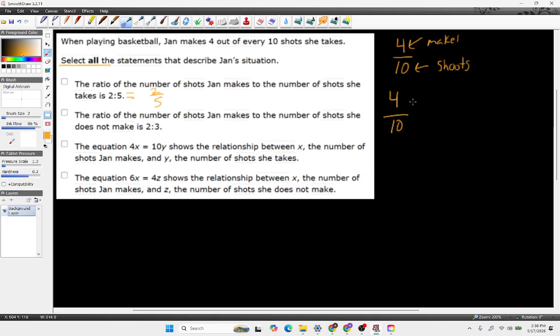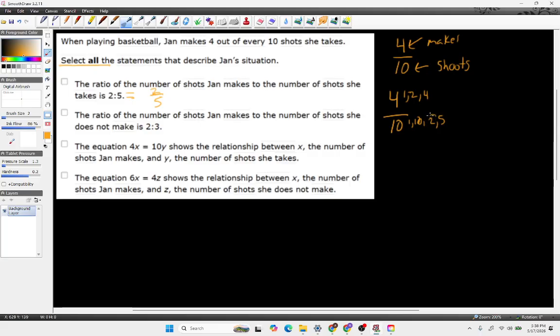And to simplify this fraction, you just list the common factors. You list the factors of each number. So 1, 4, because 1 times 4, and then 2 times 2. So we got 1, 2, and 4. All right, for 10, we got 1, 10, 2, and 5.